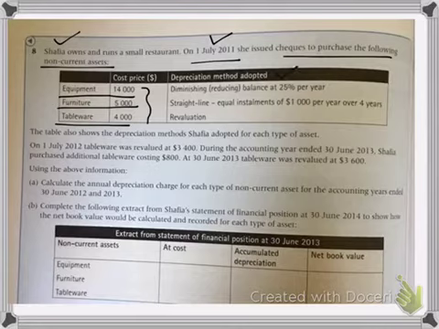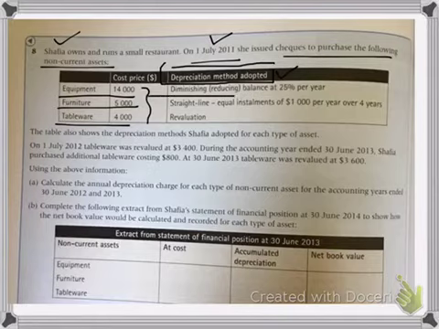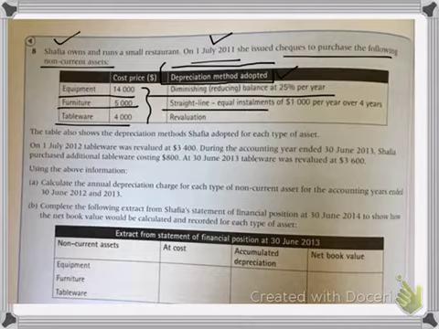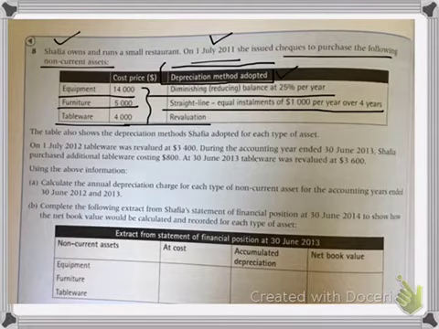They've also given you the depreciation method adopted, so you know which depreciation method to use for a certain asset. For equipment, they want us to use the reducing balance method. For furniture, they want us to use the straight line, which can also be called equal installments method. And for tableware, they want you to use the revaluation method.